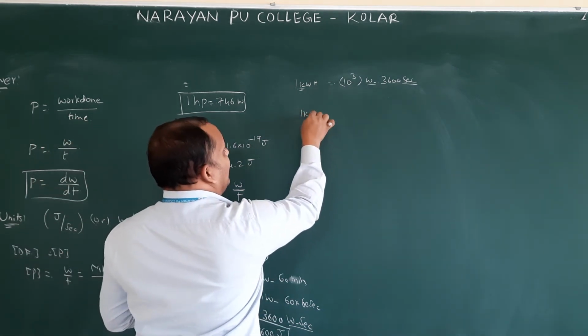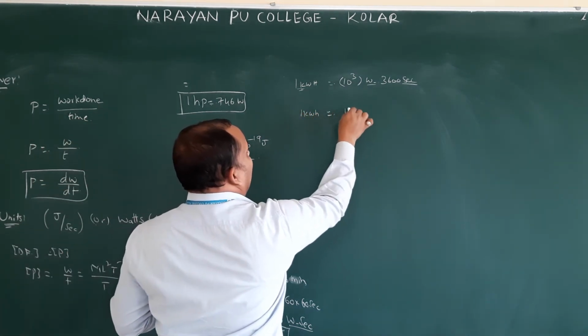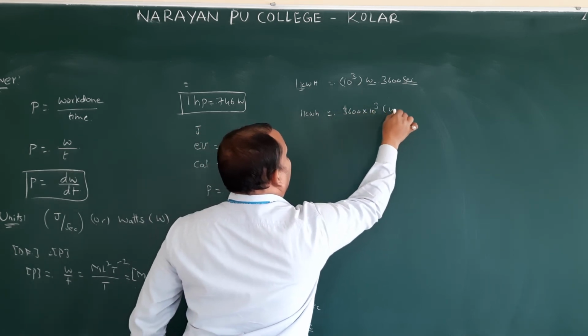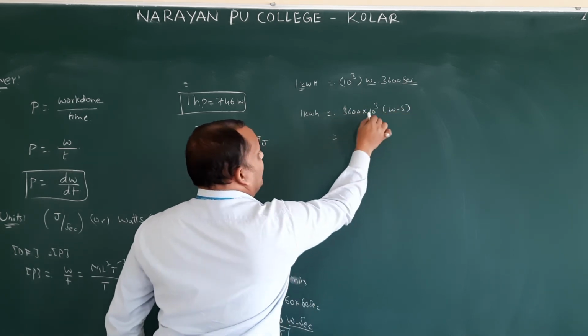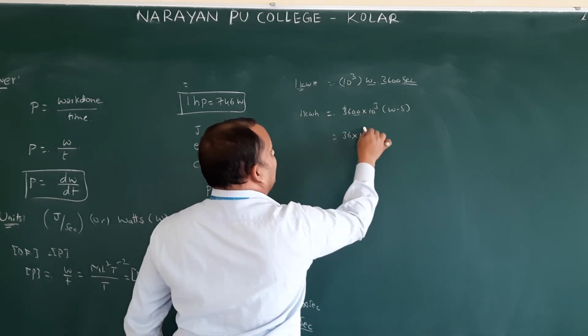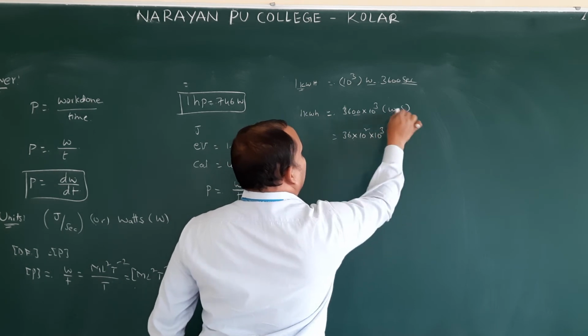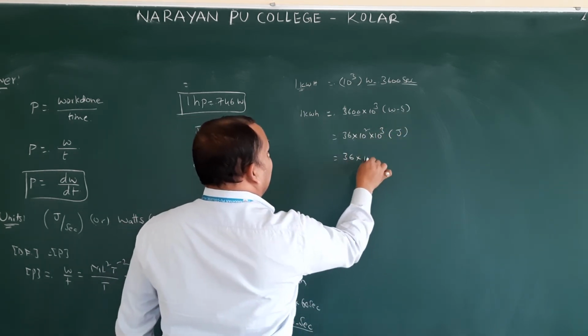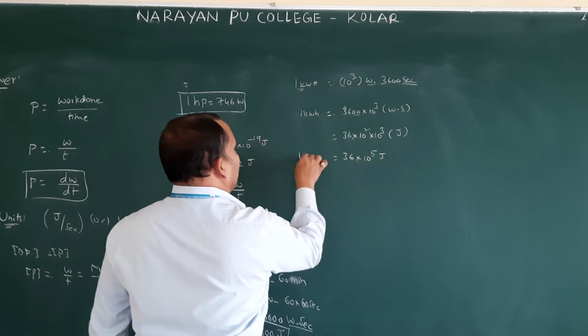Therefore, 1 kilowatt hour is equal to 3600 into 10 cube into watt second. So this is 36 into 10 square into 10 cube. This watt second can be written as joule. 36 into 10 power 5 joules.